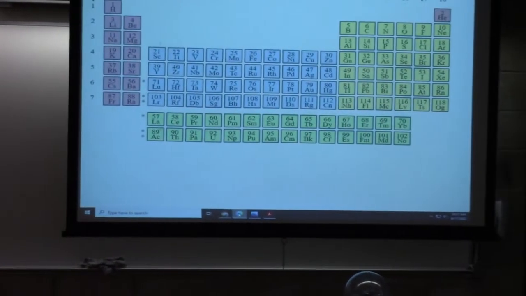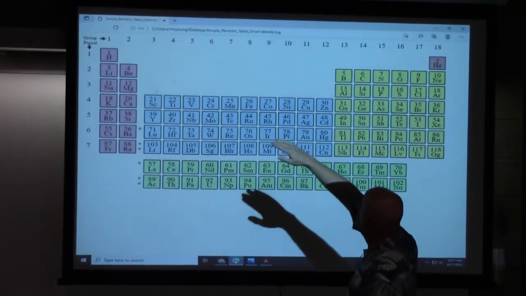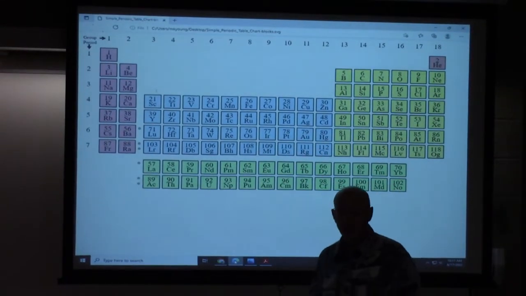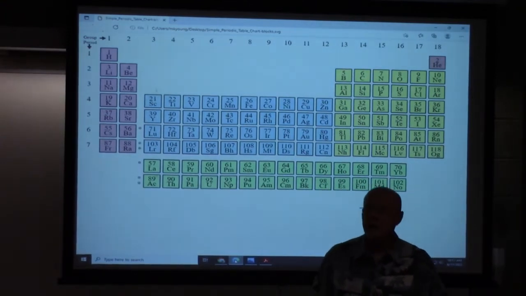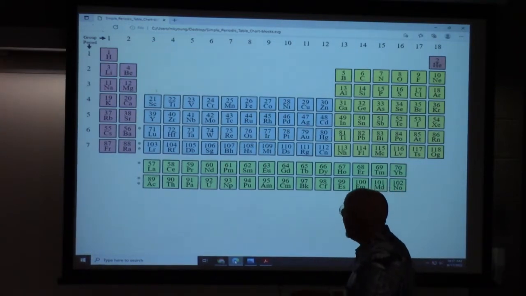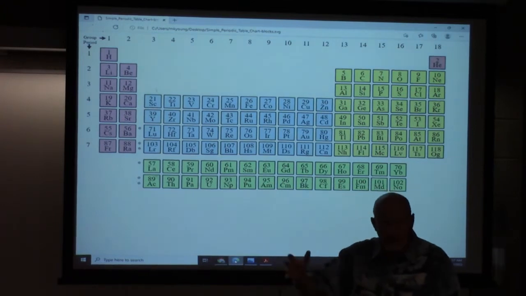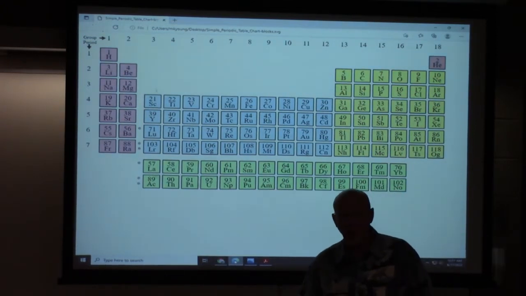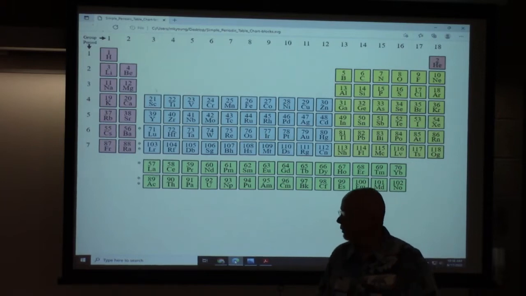But if you remember last time, we said this first row represents the K shell, or principal quantum number 1, which is more of a modern term. And then the second one, we just go in alphabetical order, so K, L, M, N, or we just say the principal quantum number 1, we call it row 1, row 2, row 3.